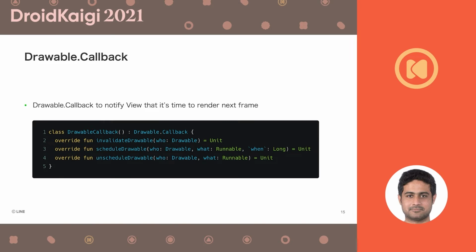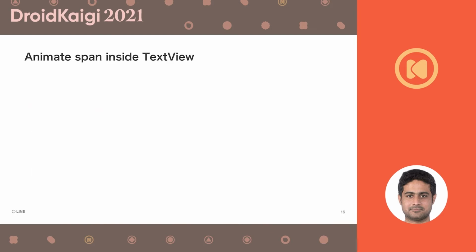The drawable class actually provides us a callback, and we are going to use this callback to animate the image. How we are going to do it, we will discuss when we animate images in our TextView. So let's start with the animated span inside TextView.